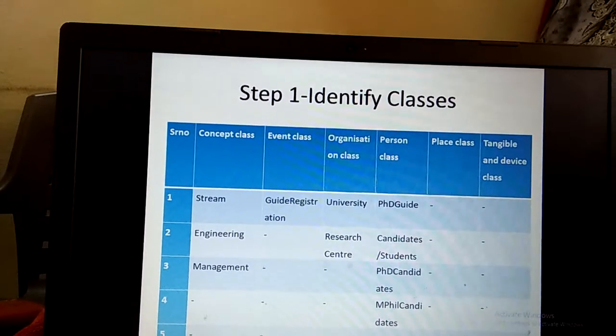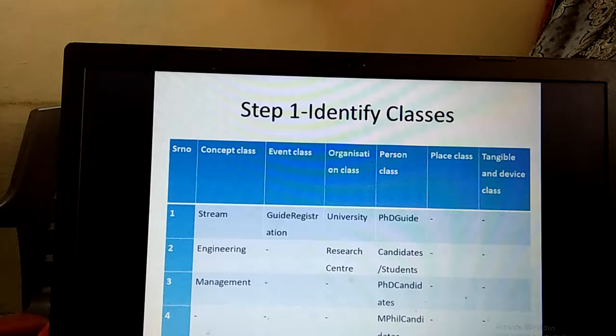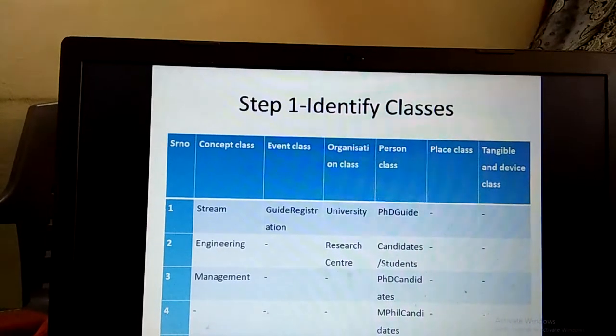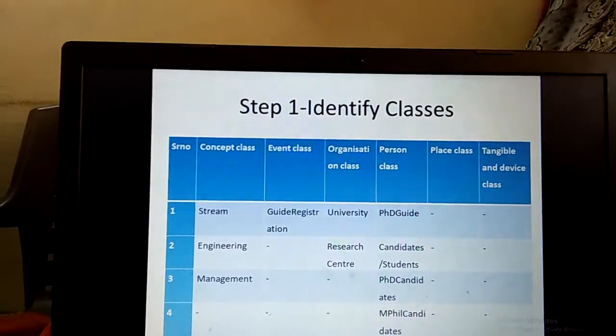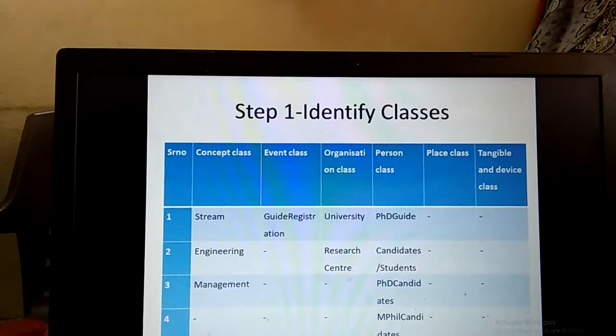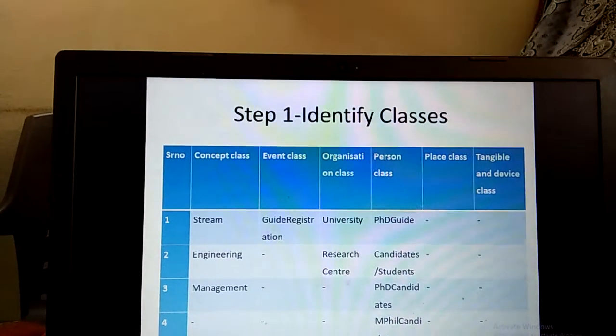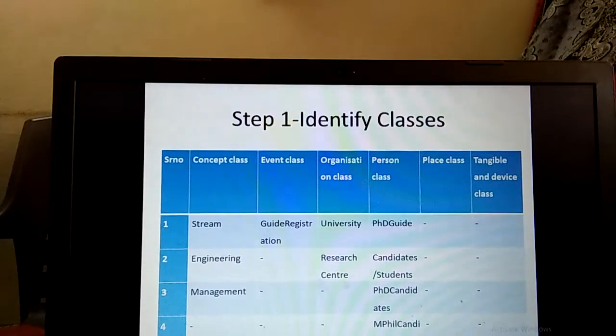The first column heading tells us that in a common class we may have a concept class, which is about giving an abstract view, or which includes the non-tangible classes in a given case study.